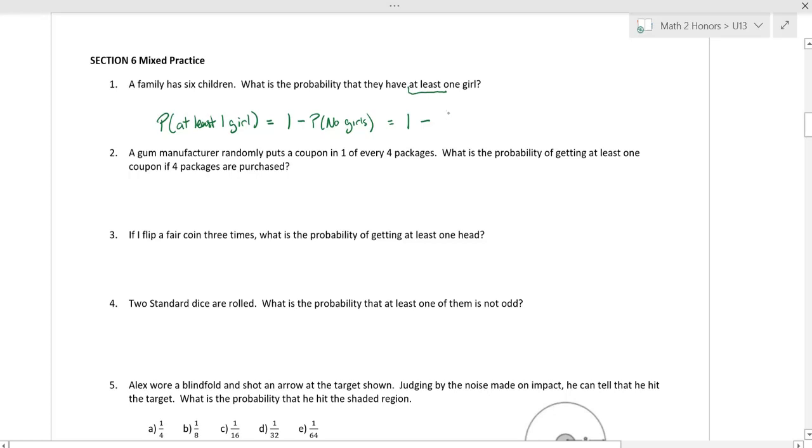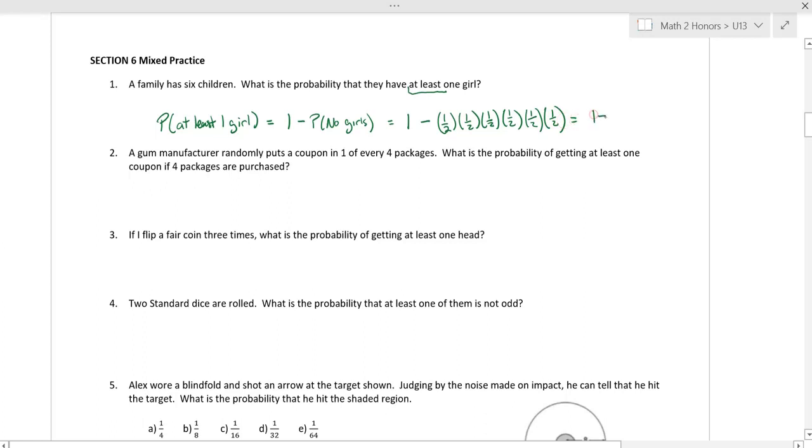And so there's a 1 out of 2 chance that the first one's a boy and the second one's a boy, third, fourth, fifth, and sixth. Keep working through this.